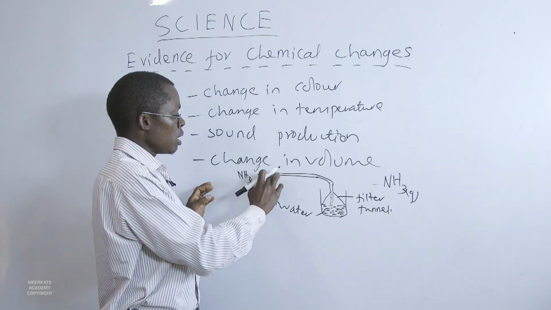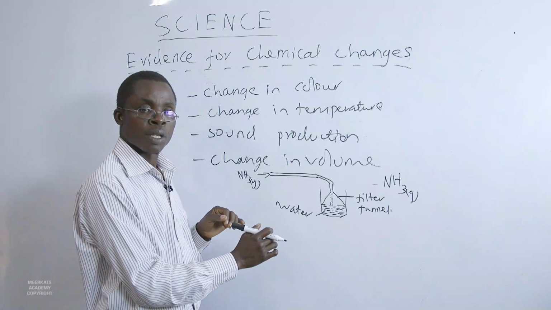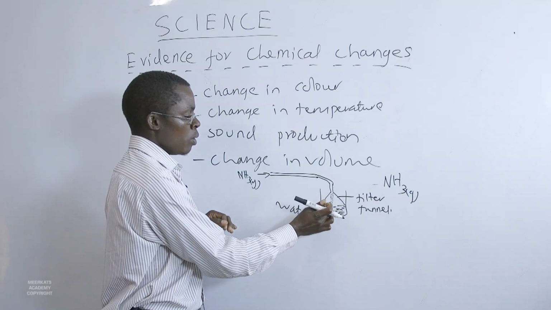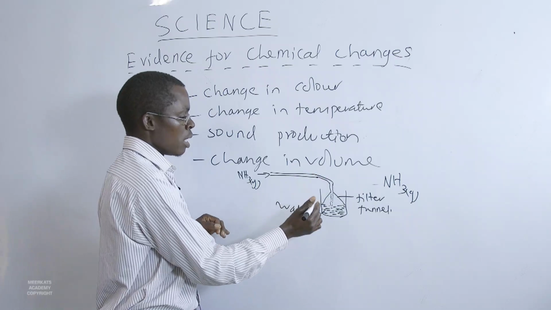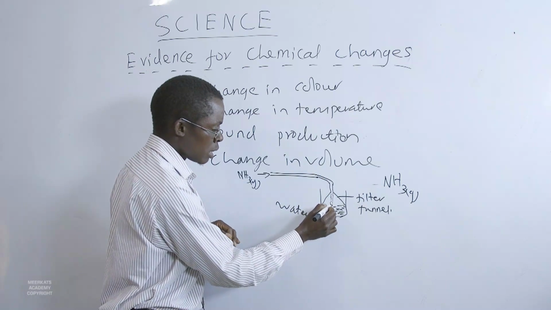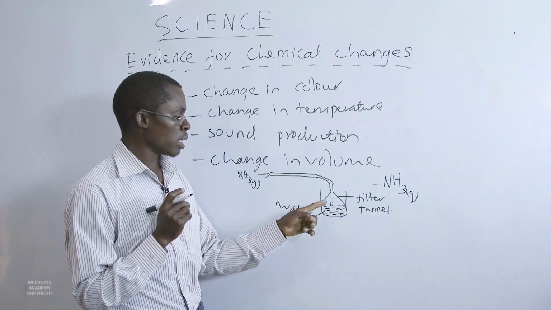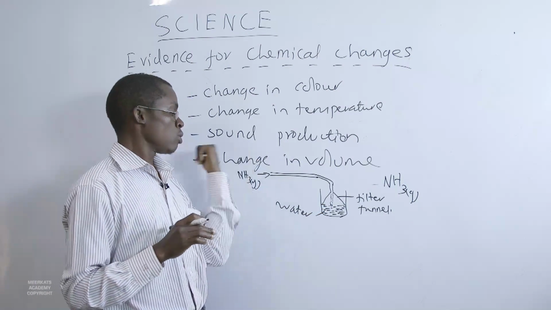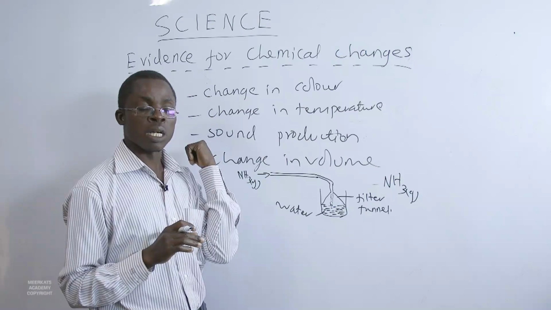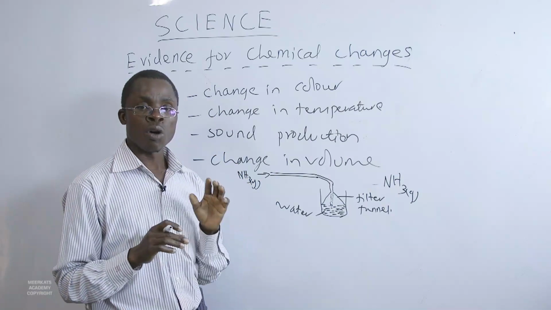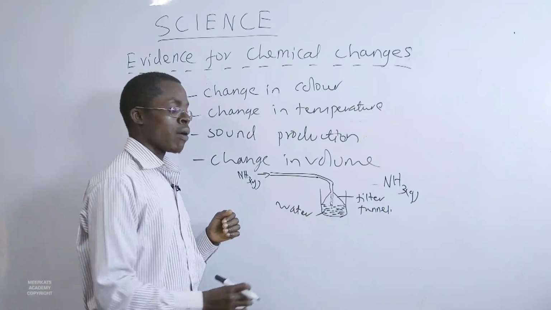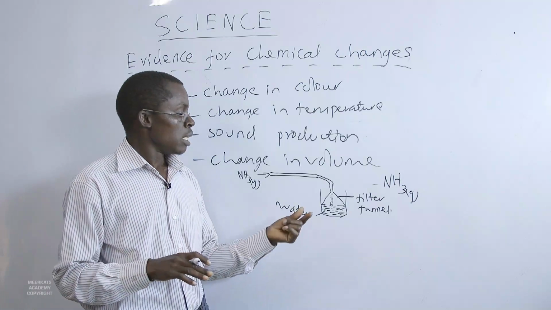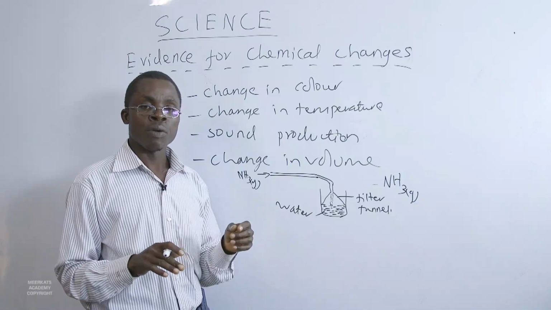So when the gas has dissolved, the solution will easily be sucked back if the exit is narrow. If the exit is narrow, it will easily suck back the solution into the original container that was having ammonia. To avoid that, we use a funnel which will create a bigger surface.